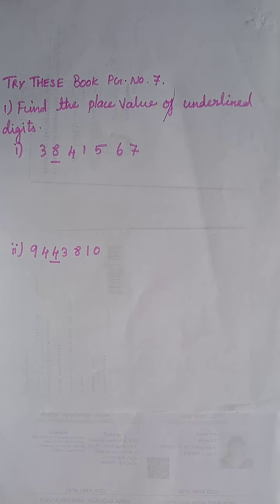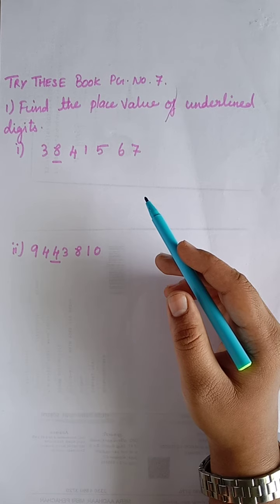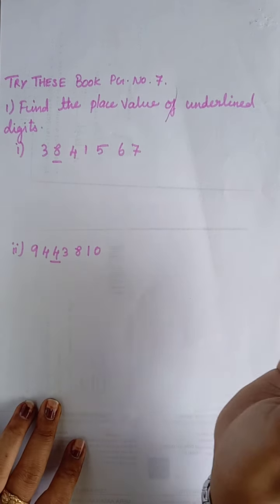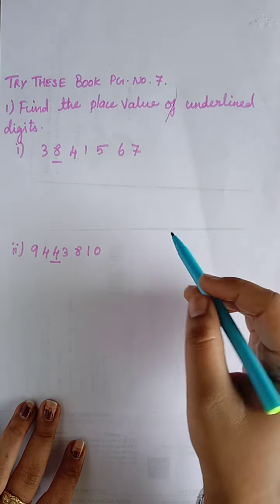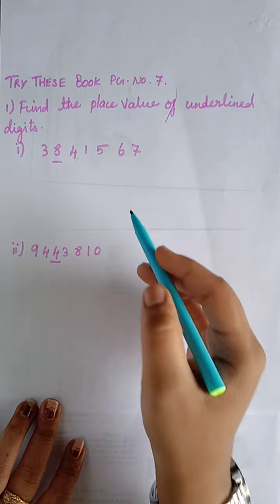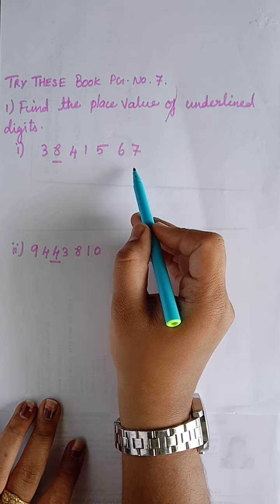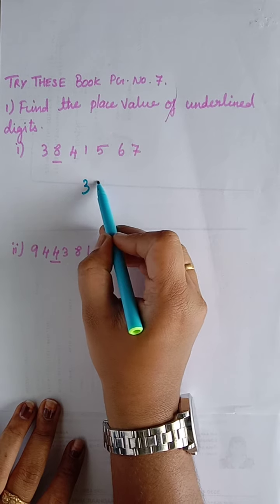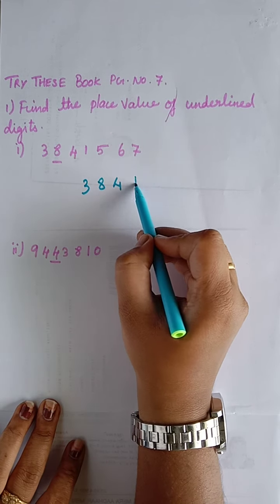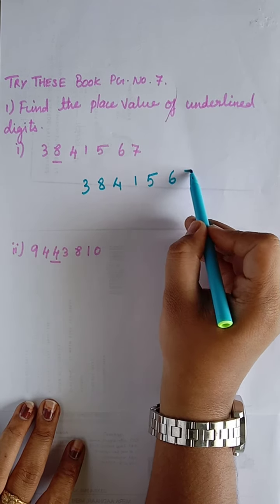So for finding that, what do we have to do first? We have to put commas, then write the place value, then find the underlined digit's value. So the first step is to put commas. Take that number and write it here: 3, 8, 4, 1, 5, 6, 7.